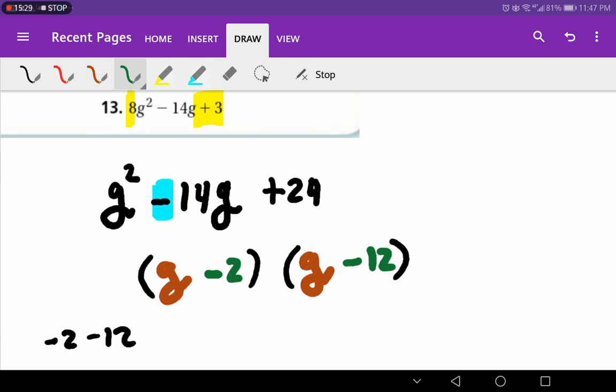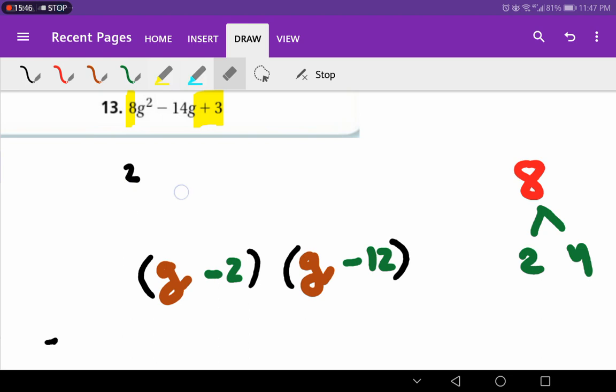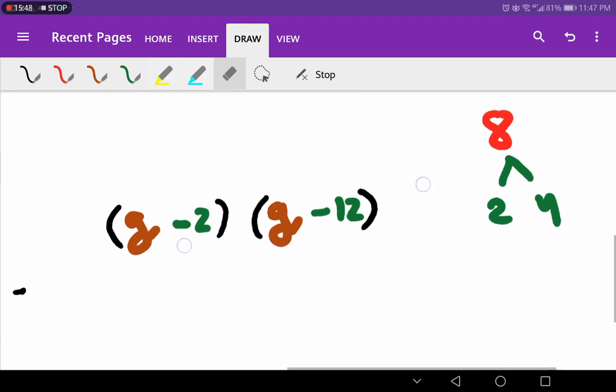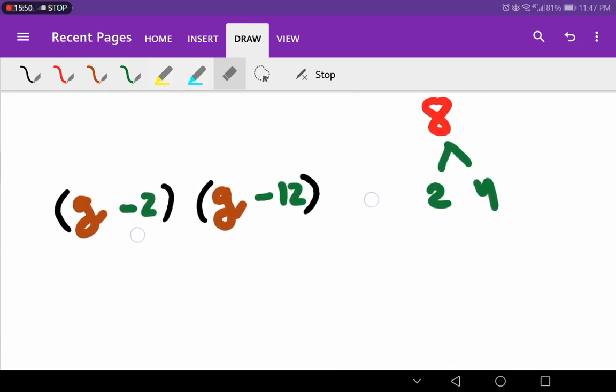But I will never forget the 8. I will bring it here, the 8, and cut it to 2 and 4. You see? Because I can cut it. Okay, my dear student, let us start.